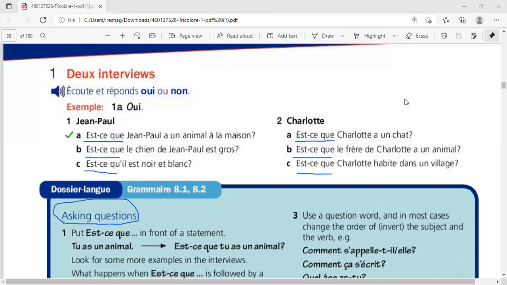Okay, so for this question, the answer should be yes or no, right? Write down the answer. Oui, il a un animal à la maison. Yes, he has an animal at home. It is the answer.